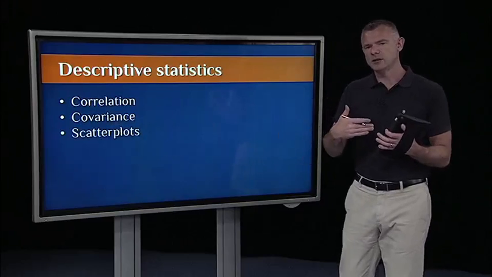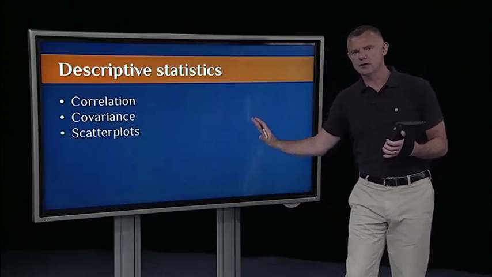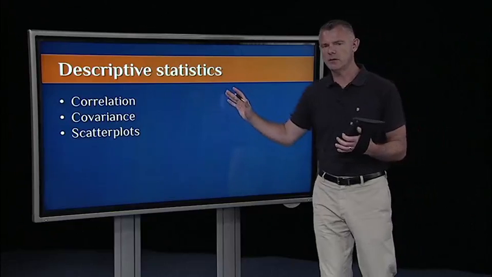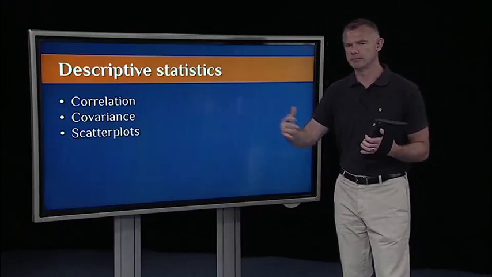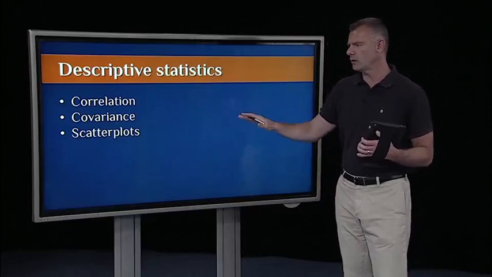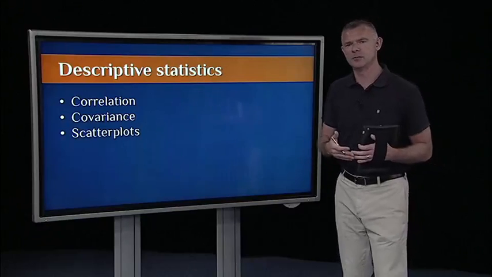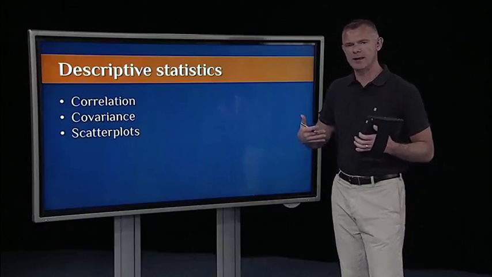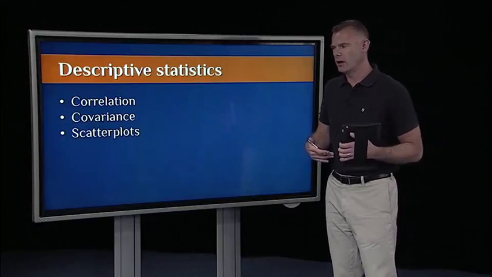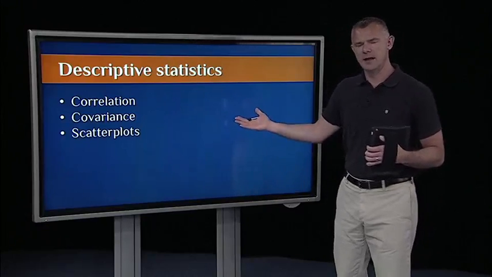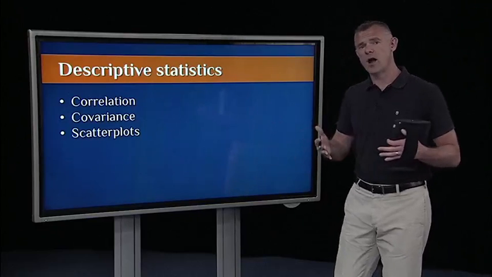We then looked at correlations, and I'm grouping this still under descriptive statistics because we didn't really talk about inferential statistics until we got to regression, right? So we talked about correlation in the context of just describing the relationship between 2 variables. In that lecture on correlation, we introduced the idea of covariance and the sum of cross products.